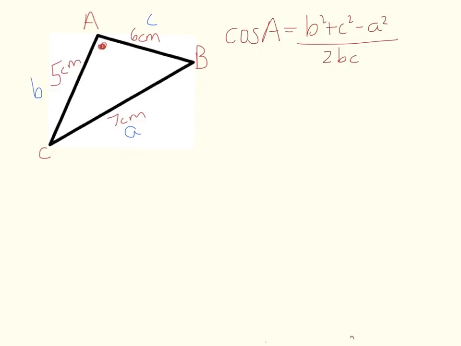Okay, if we keep going, cos A equals 5 squared plus 6 squared, take away 7 squared, divided by 2 times 5 times 6.